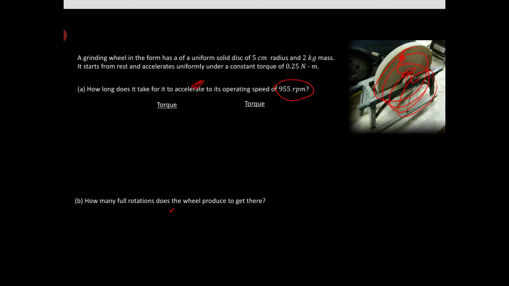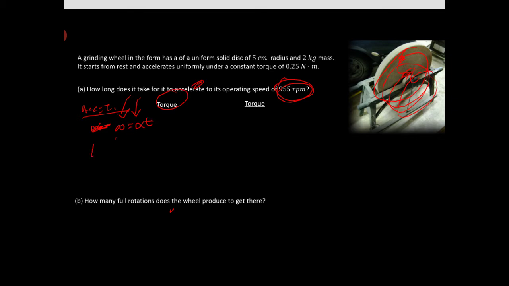Well, we like to do things in seconds. We like to do things in radians, right? So we're eventually going to have to use the angular acceleration, which is defined the same way as the linear acceleration. So the final angular speed, which is this 955 RPM, is equal to the angular acceleration, which we're going to get from the torque, times the time.